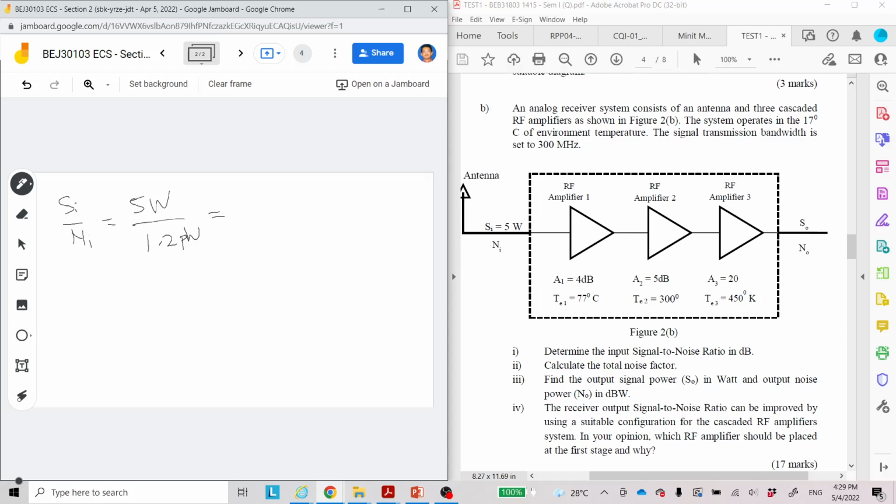So you get this in terms of 4.167 times 10 power of 12. So in terms of decibel, this is equal to 10 log 4.167 times 10 power of 12. So this is equal to 126.198 dB. Okay, you can try.